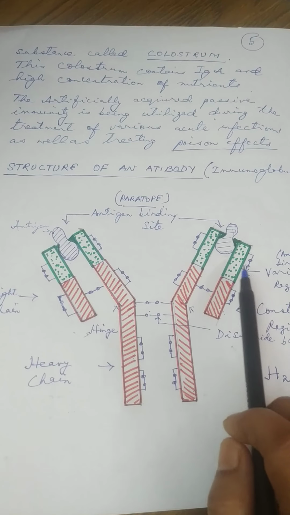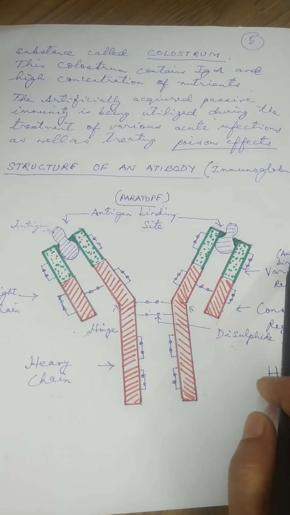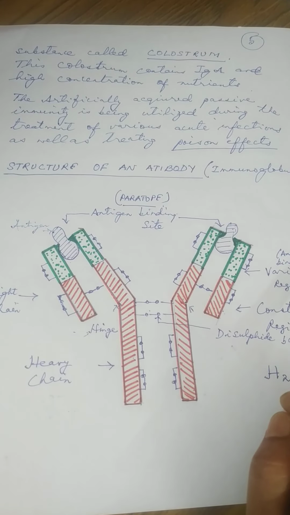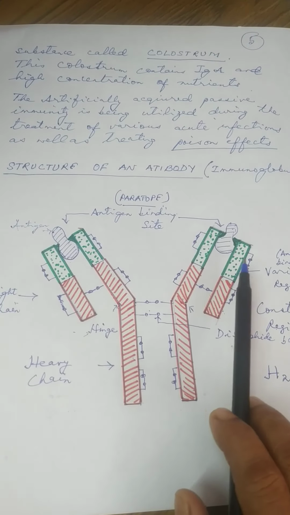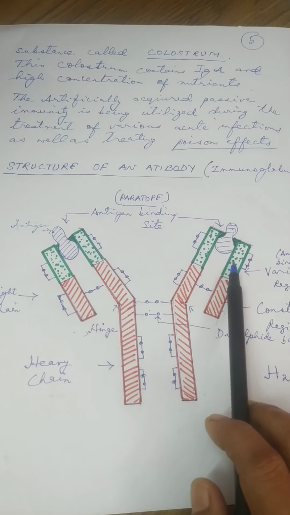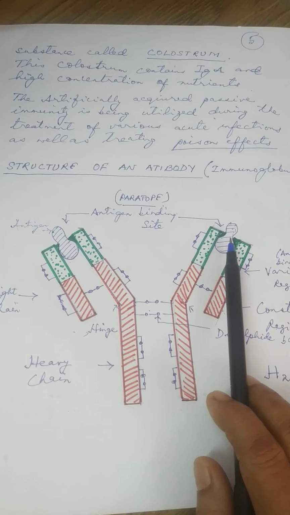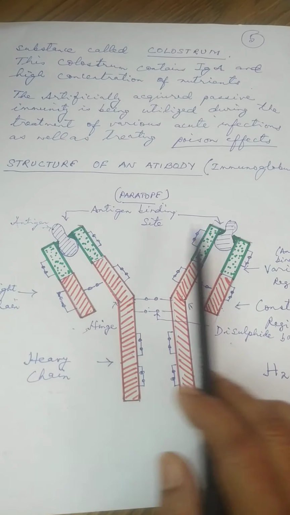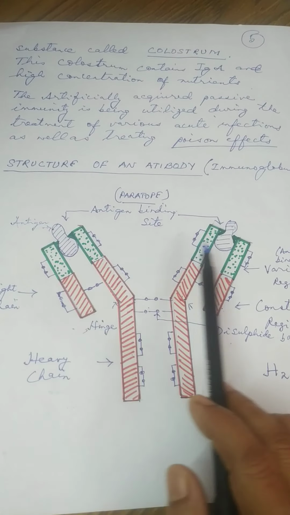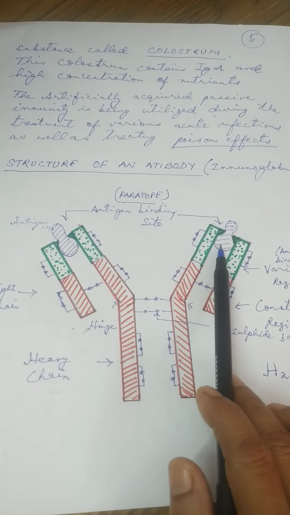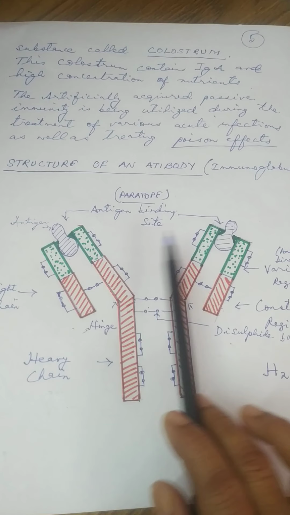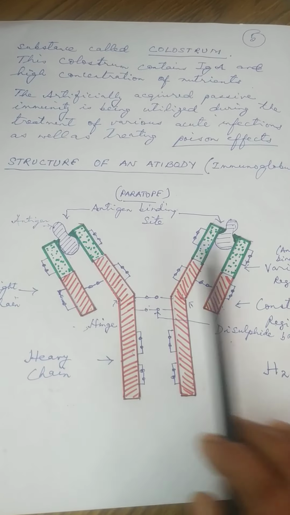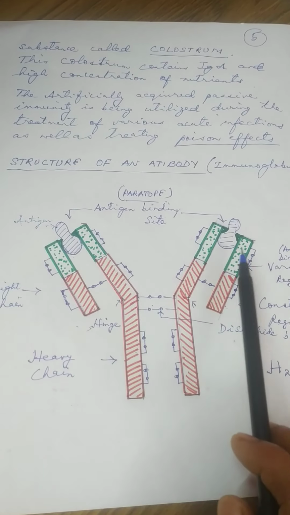Now why is the variable region called antigen binding fragment? Because this region helps the antibody to get attached with the antigen. So these two shaded structures that I have drawn constitute the antigen, and you will find that the antigens get attached to the variable region of the antibody.